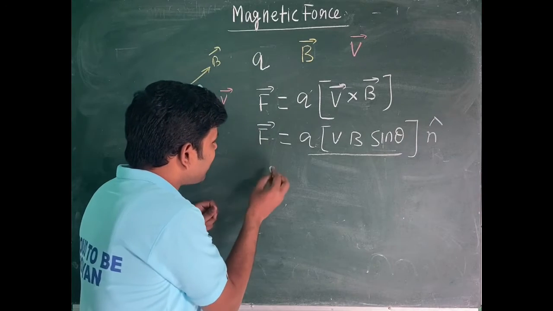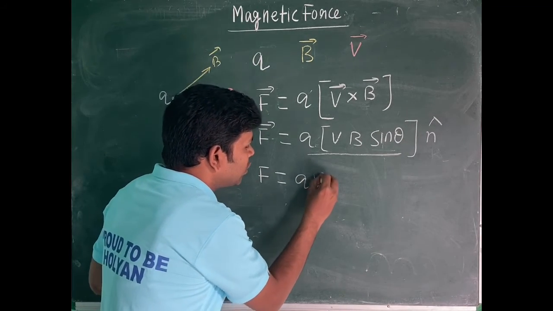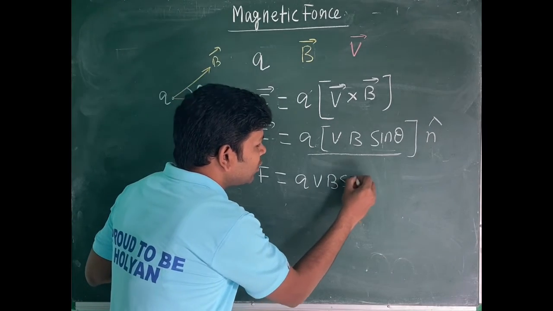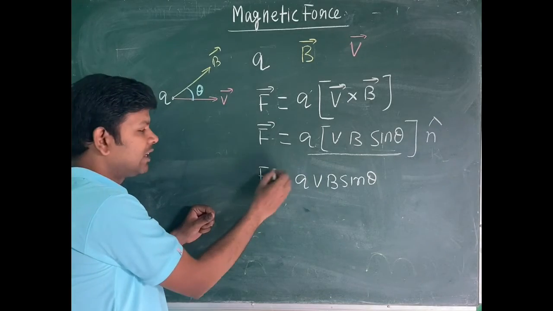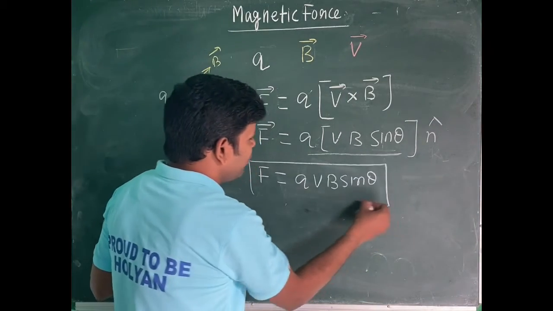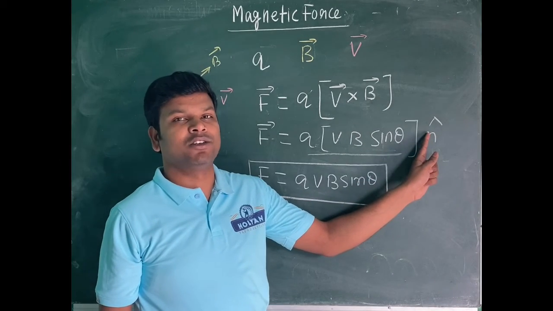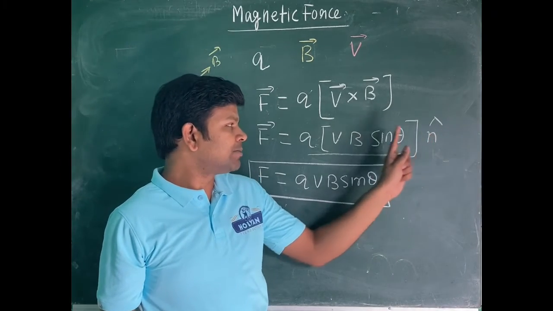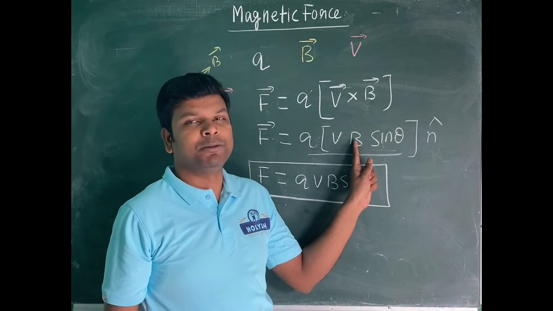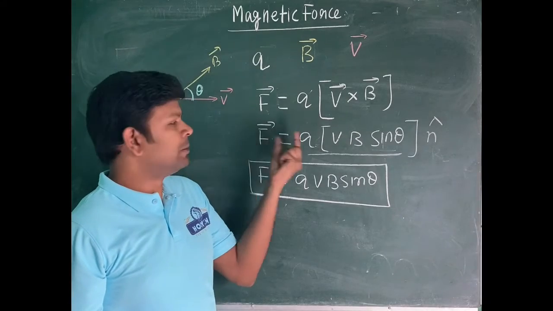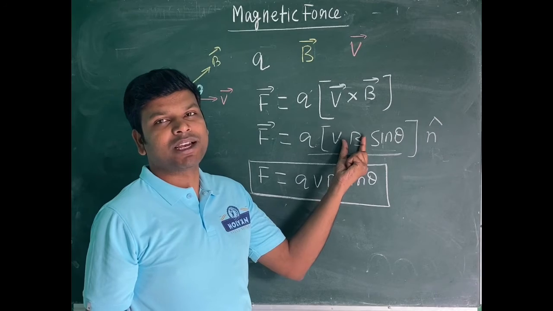If we write down the magnitude of force only, then F will be equal to Q into V into B into sine of theta, where theta is the angle between velocity and magnetic field. So this is the magnitude of force, and n cap gives the direction of force. N cap is perpendicular to velocity and also perpendicular to B. So the direction of force will be perpendicular to the velocity vector and also perpendicular to the magnetic field.